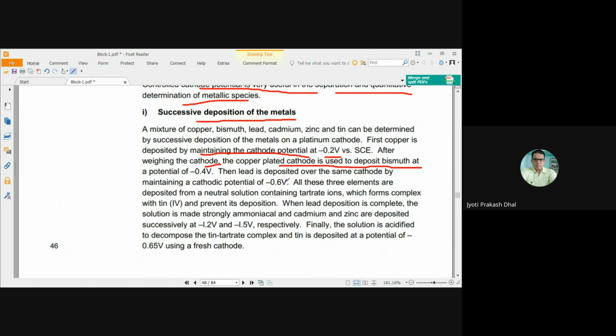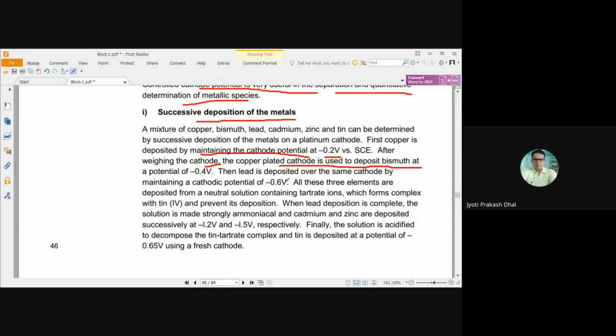Bismuth deposition will take place at a potential of minus 0.4 volt, and similarly the deposition of lead will take place at a cathodic potential of minus 0.6 volt.